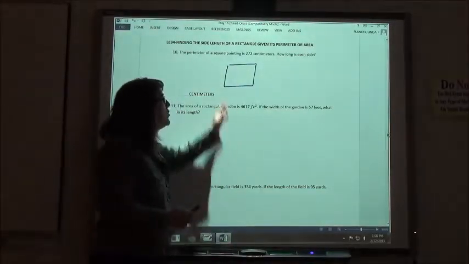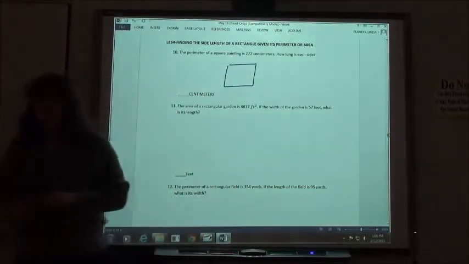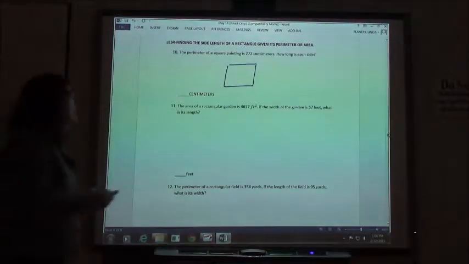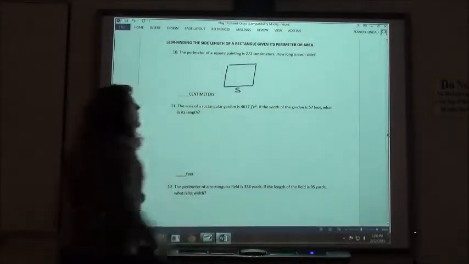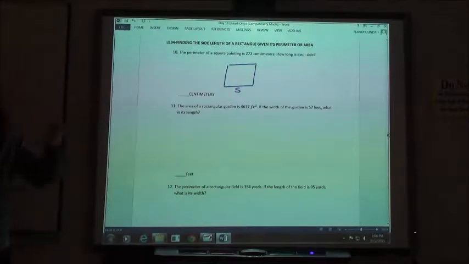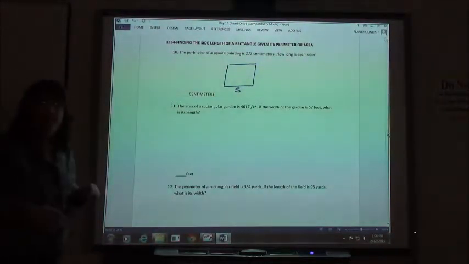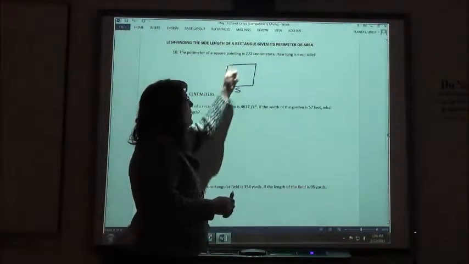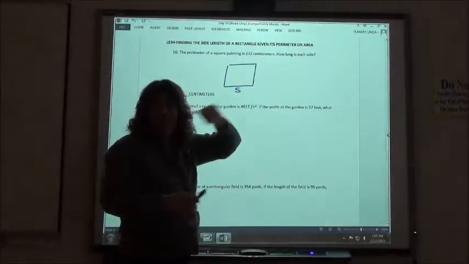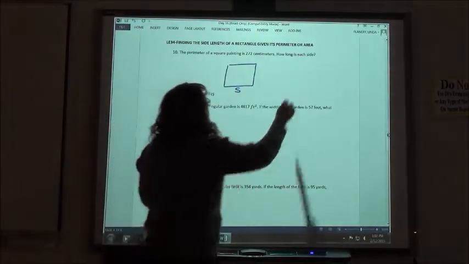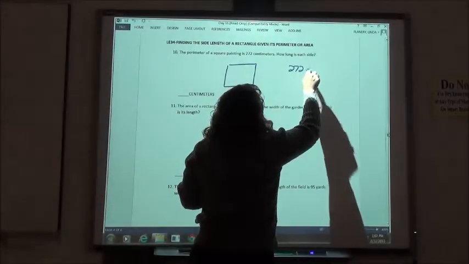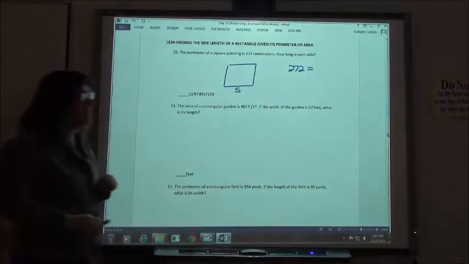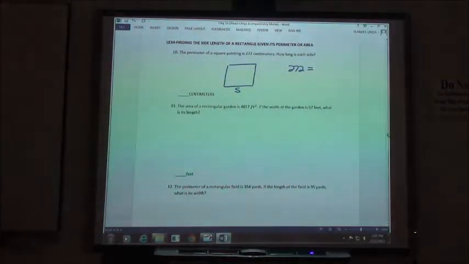If I have my square, and I call the side S, all the way around that square would be 272. 272 would equal how many S's then? 4.